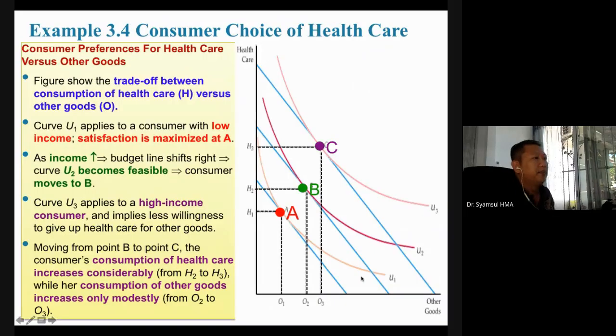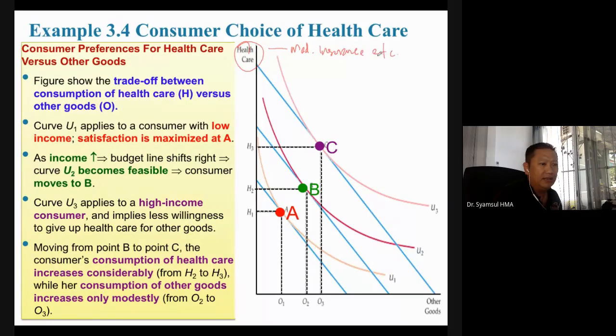For example, here, consumer preference for healthcare versus other goods. Now you see here, this is the trade-off between healthcare, medicine, insurance, etc., and other goods, anything: movies, school, getting married.